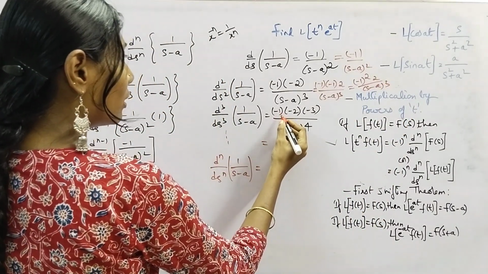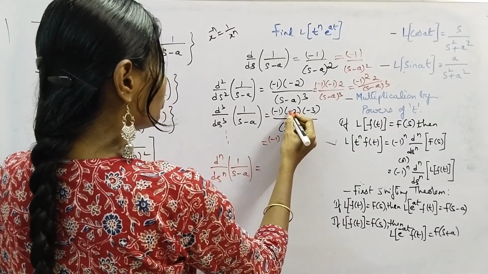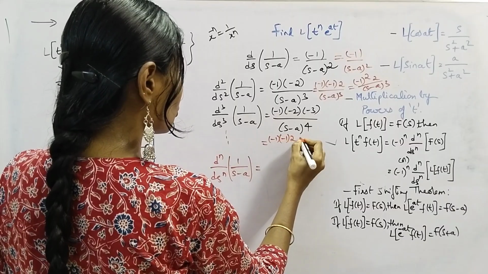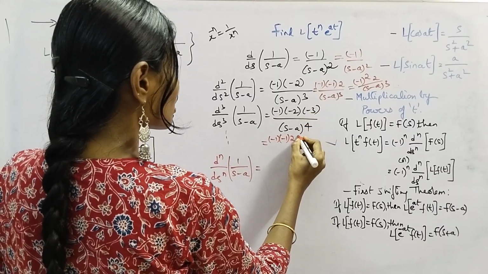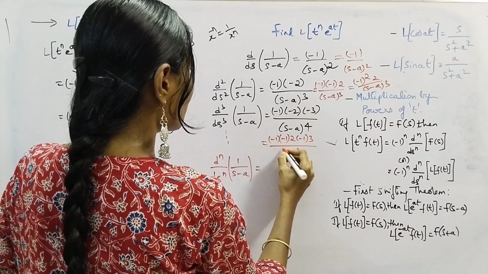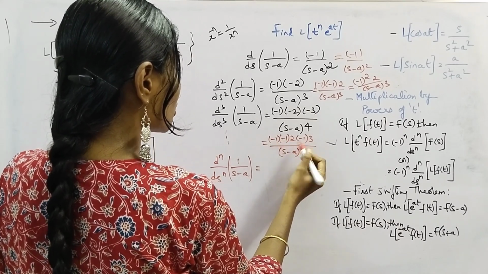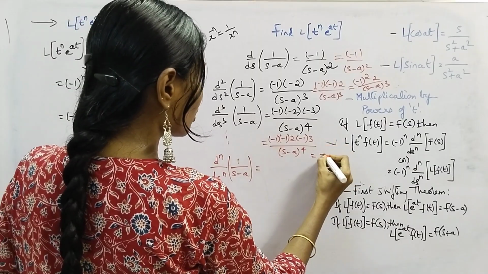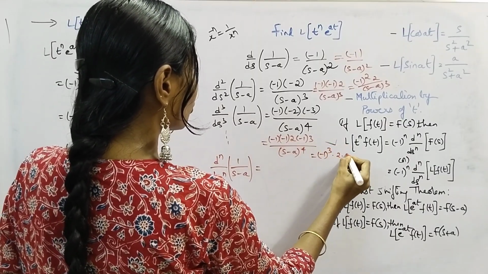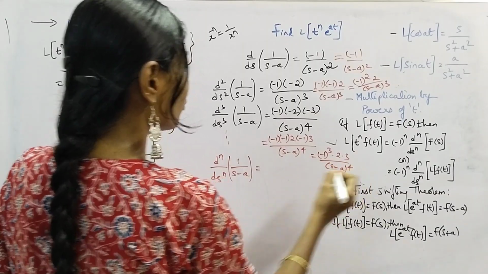And here we'll write this minus 1 as minus 1, and here we'll separate minus 1 from this minus 2. We can write this as minus 1 into 2. Here we'll write minus 3 as minus 1 into 3 by (s minus a) power 4. From this we'll get minus 1 into minus 1 into minus 1. We have 3 minus 1, right? So we can write this as minus 1 whole cube into 2 into 3 by (s minus a) power 4, right?